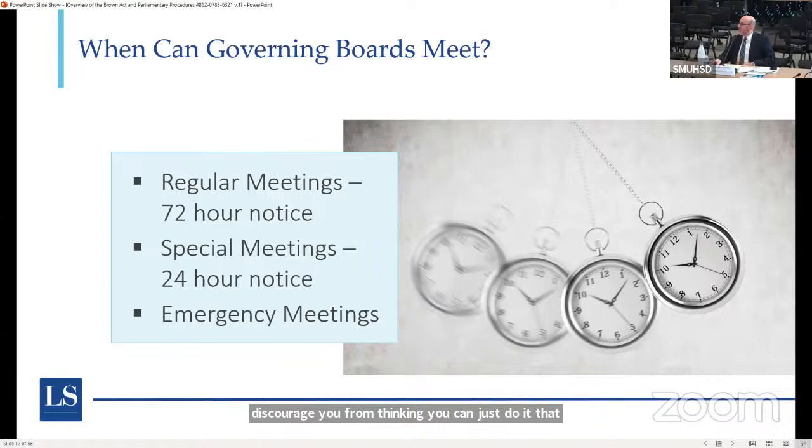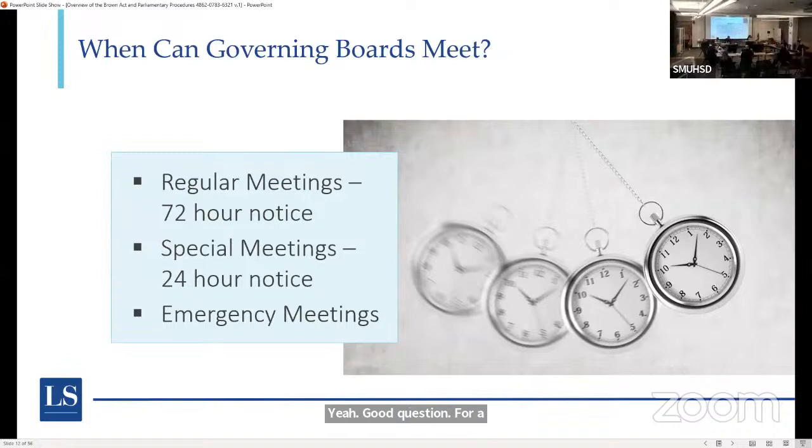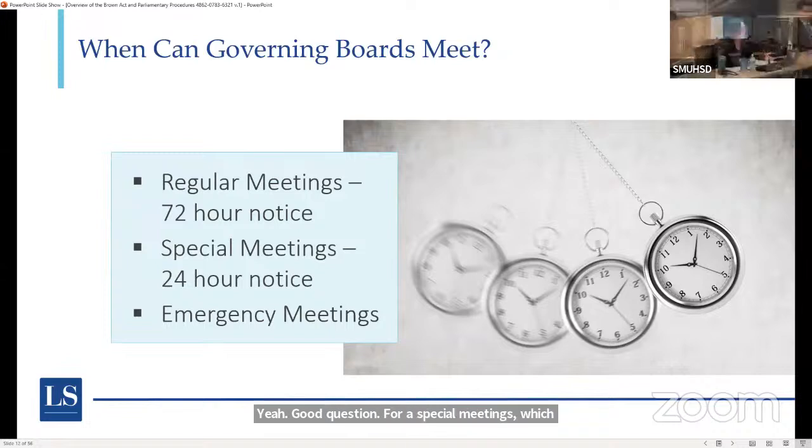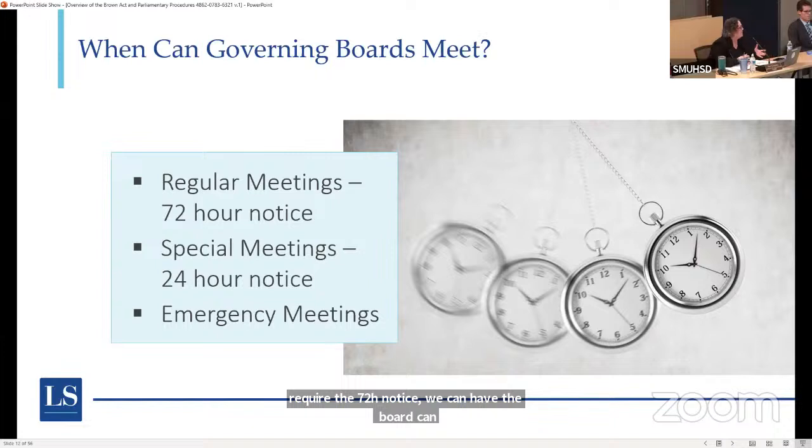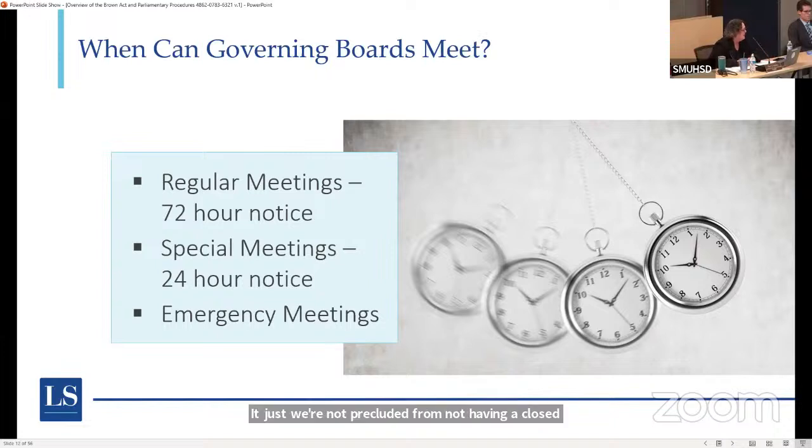Good question. For special meetings, which require the 24-hour notice, the board can have a closed session before that. We're not precluded from having a closed session, right? The only topic that we can't have would be hiring or the superintendent's contract. But you can, for sure, have a closed session before the special board meeting, or as part of the special meeting, either way.